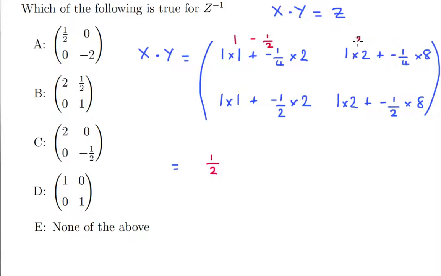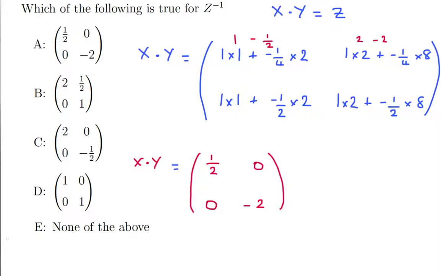So we're going to have 2 take away 2, which is going to be 0. Bottom left is going to be 1 minus 1. And bottom right is going to be 2 minus 4. So that's going to be negative 2. Okay, so that is x times y.